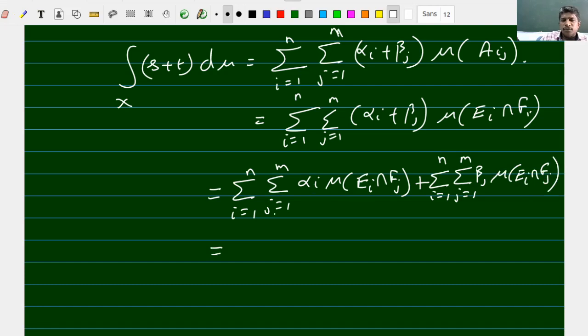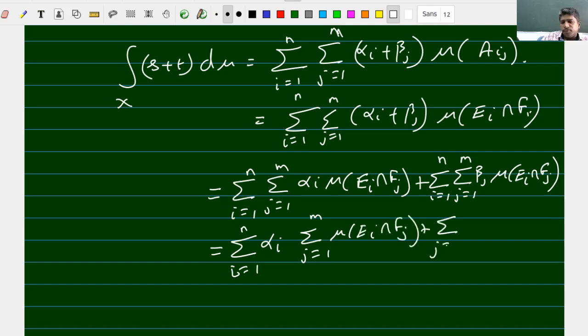Now here alpha i is independent of the second summation, so we get summation i from 1 to n of alpha i times summation j from 1 to m of mu of E i intersection F j. Here beta j can be taken out, giving summation of beta j times summation i from 1 to n of mu of E i intersection F j.